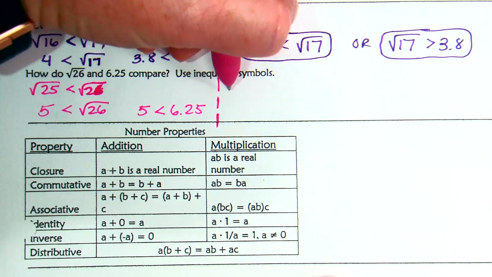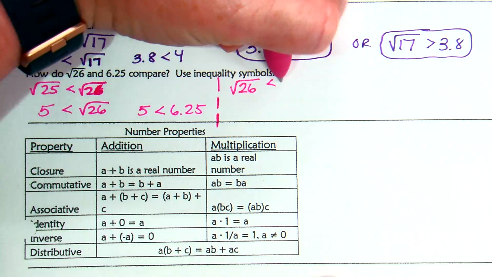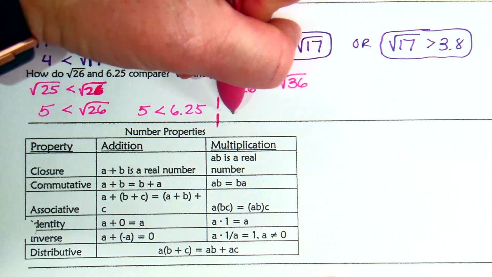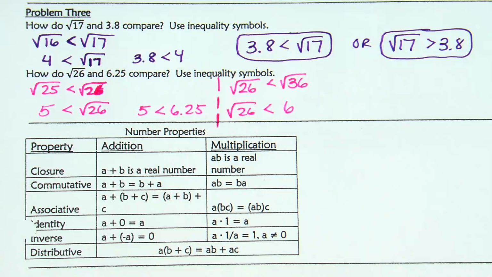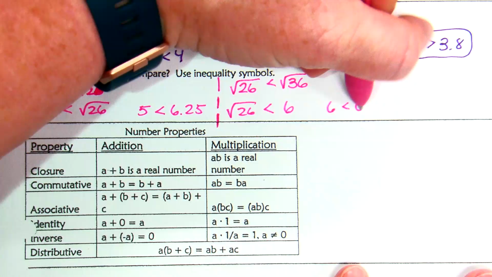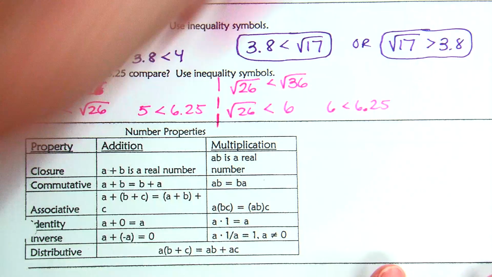So what you can think about here instead is, okay, let's reverse this. Square root of 26 is smaller than the square root of 36. So that means the square root of 26 is smaller than 6. Okay? Now, how does 6 compare to 6.25 though? Does this help us?